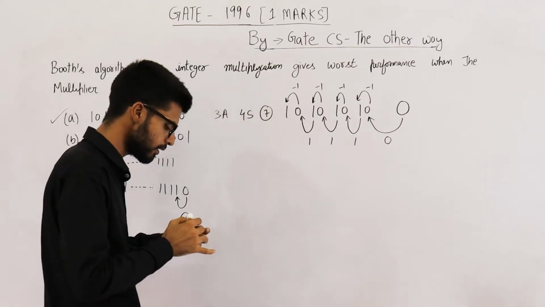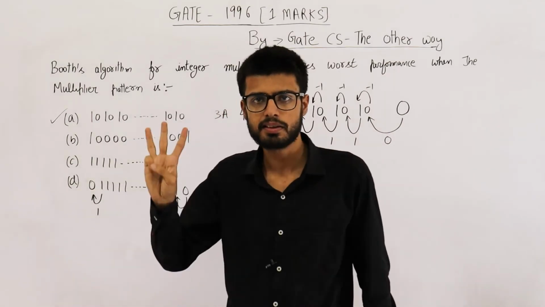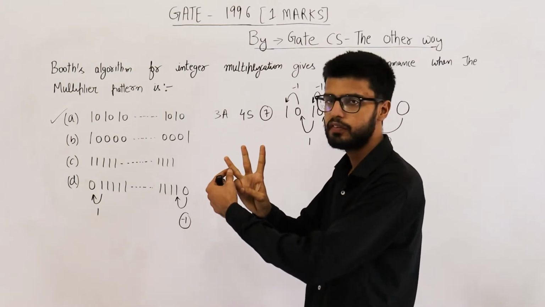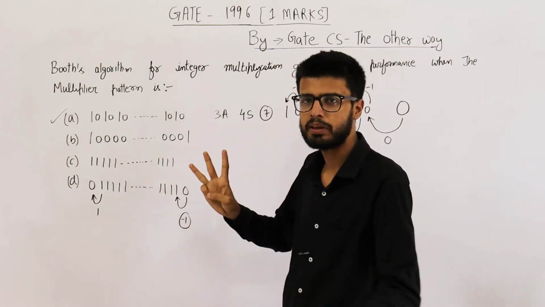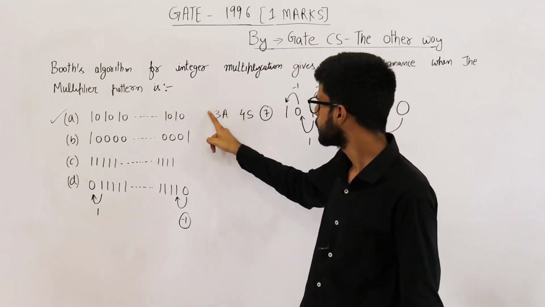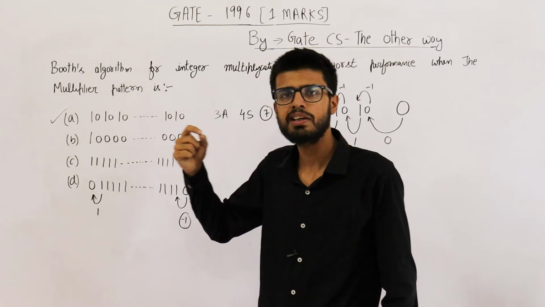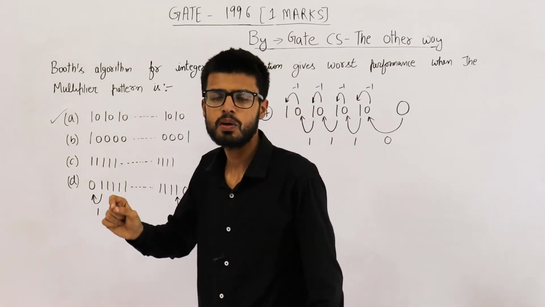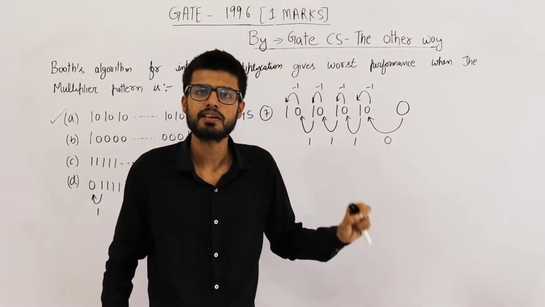Now, Booth's algorithm actually requires 3 kinds of operations: shift, addition, subtraction. Shift will not be considered. We are only considering addition and subtractions because shift is very easy to perform. Shift does not even require ALU. Shift can be performed inside of the register only.